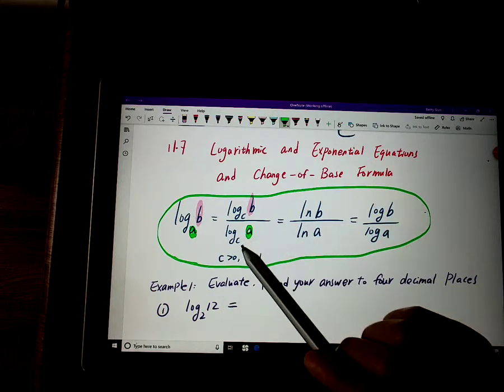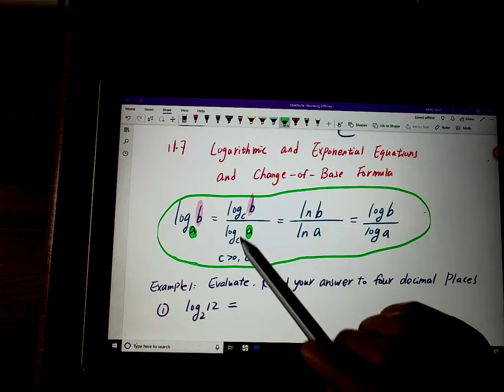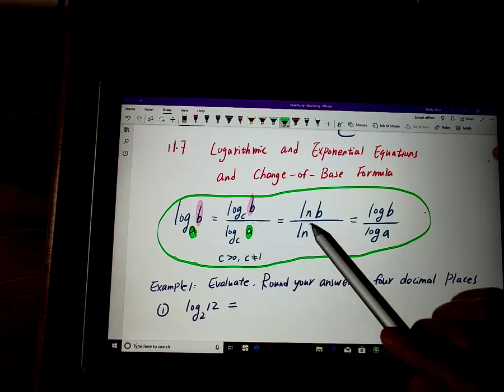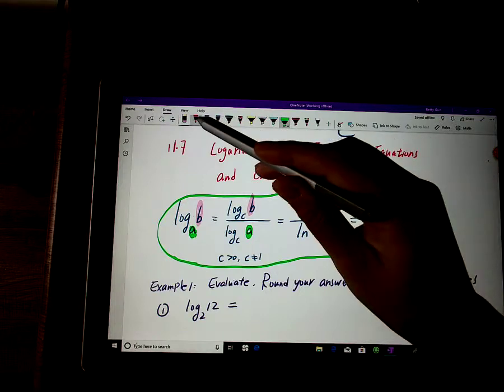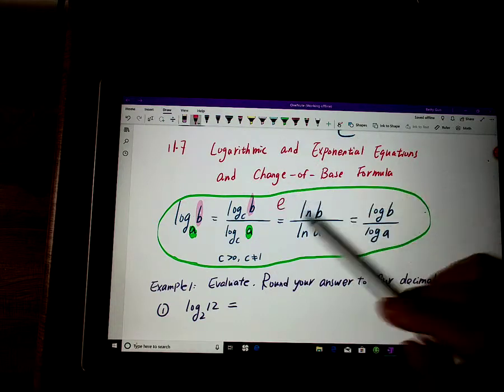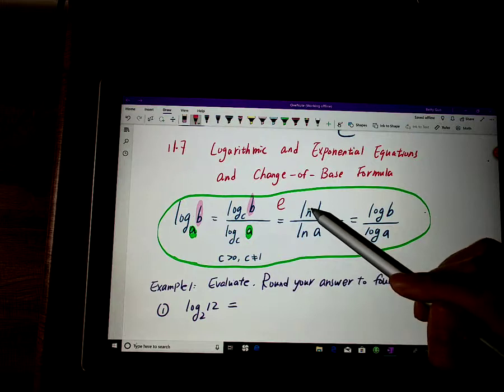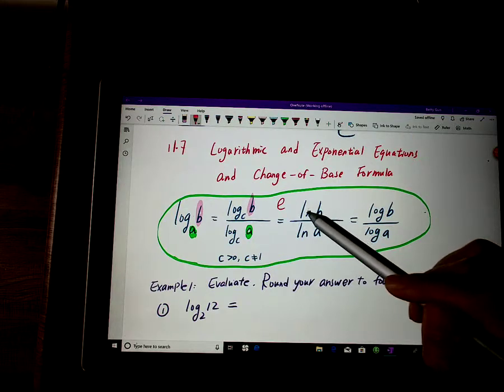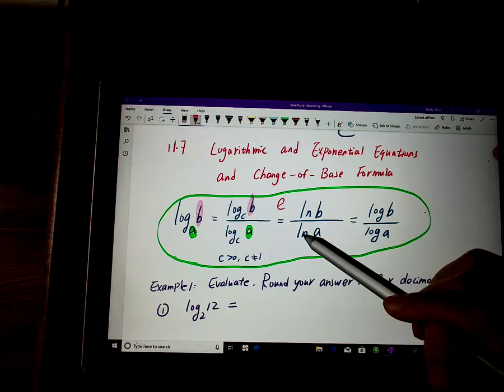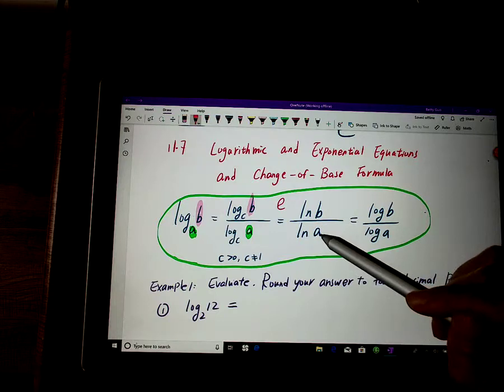So if c could be any positive real number different from 1, of course c could be e, the natural number e. Then we would have a numerator as a natural logarithm of b, denominator natural logarithm of a.